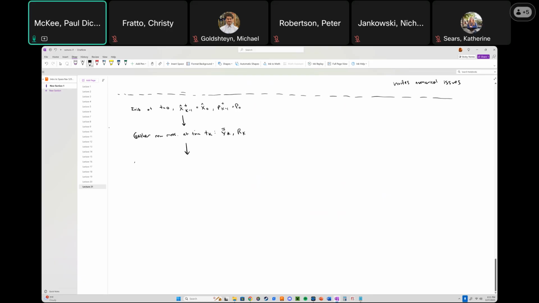Next is state and covariance propagate from the old time to the new time. So we'll say t k minus 1 to t k.